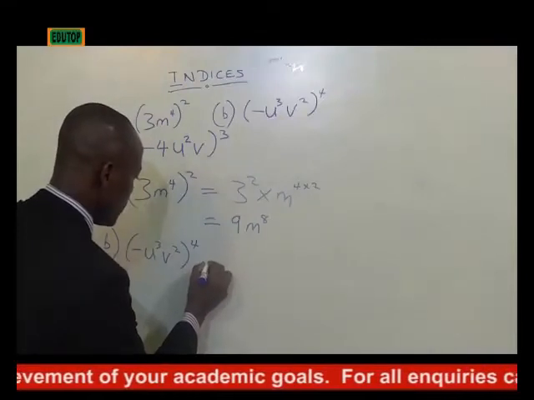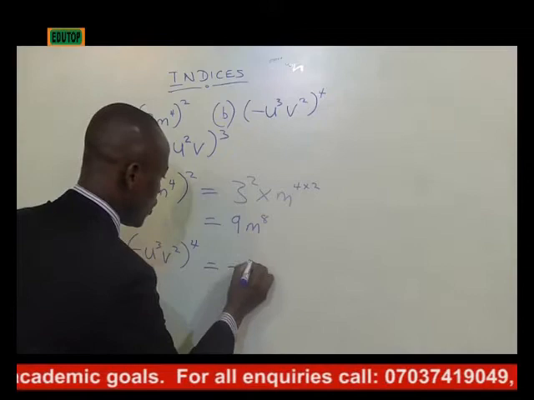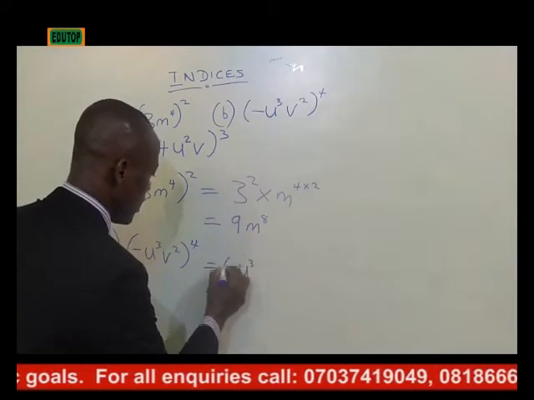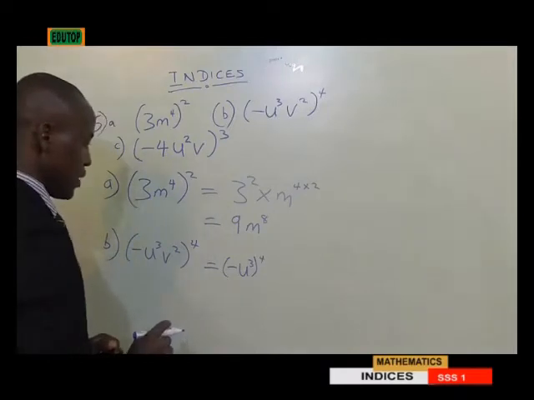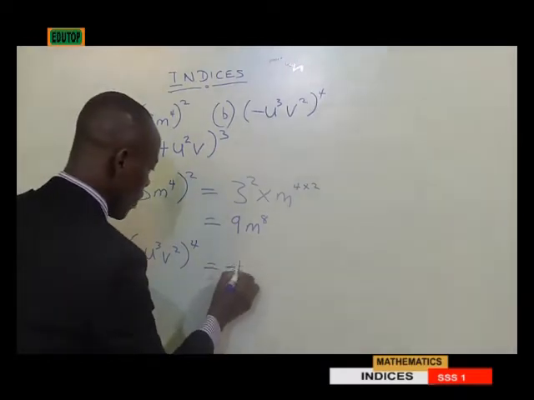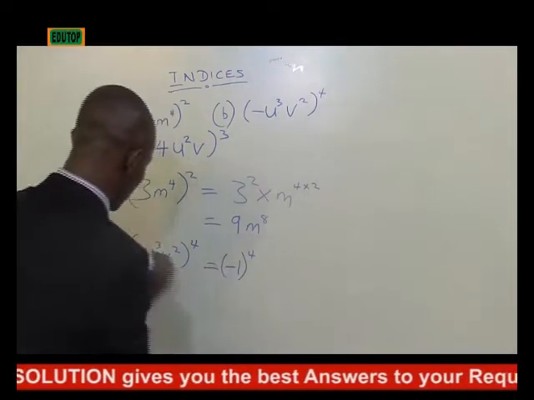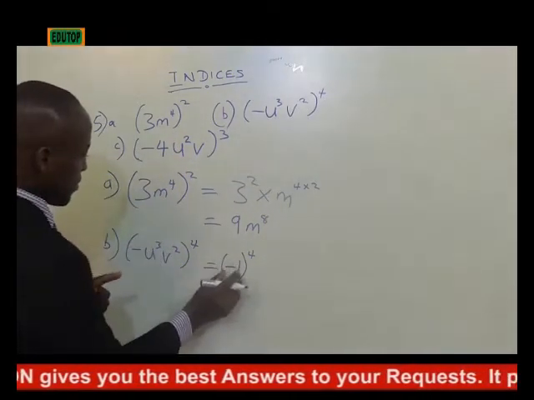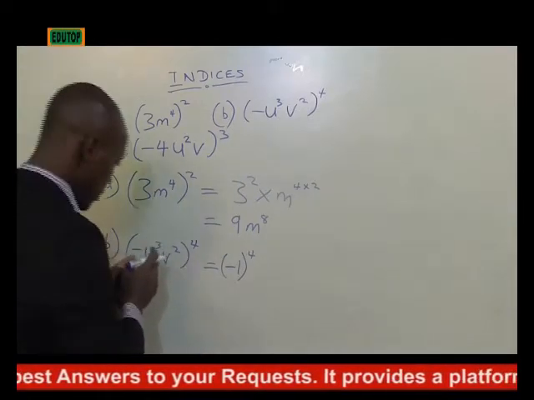Having this, it is equal to minus u cube raised to power 4, or let me do it this way, minus 1 raised to power 4. I'm taking this minus as minus 1 because 1 times everything here will still give us 1.